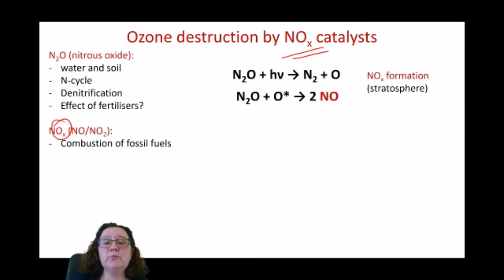So for example, here is what would happen when nitrous oxide, N2O, reaches the stratosphere. With the right electromagnetic radiation, with the right wavelength, it splits into nitrogen and an oxygen atom, and then this oxygen atom gets activated and reacts with another molecule of nitrous oxide to produce the nitrogen oxide radical.